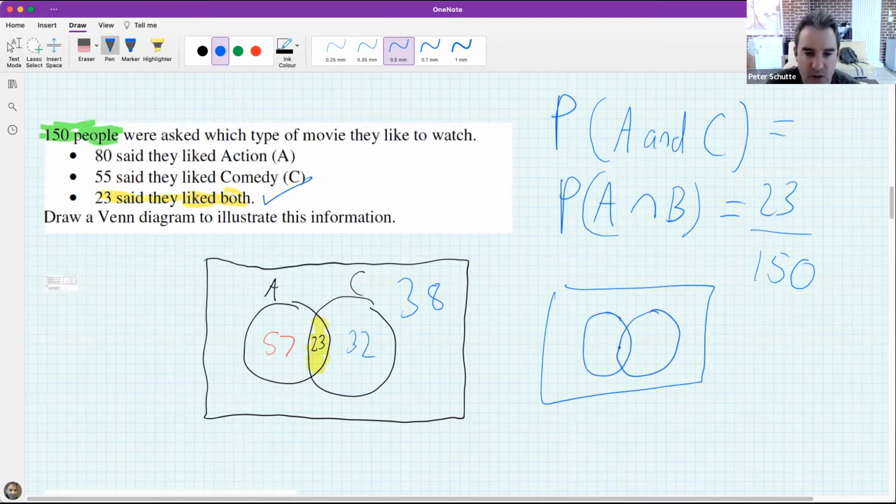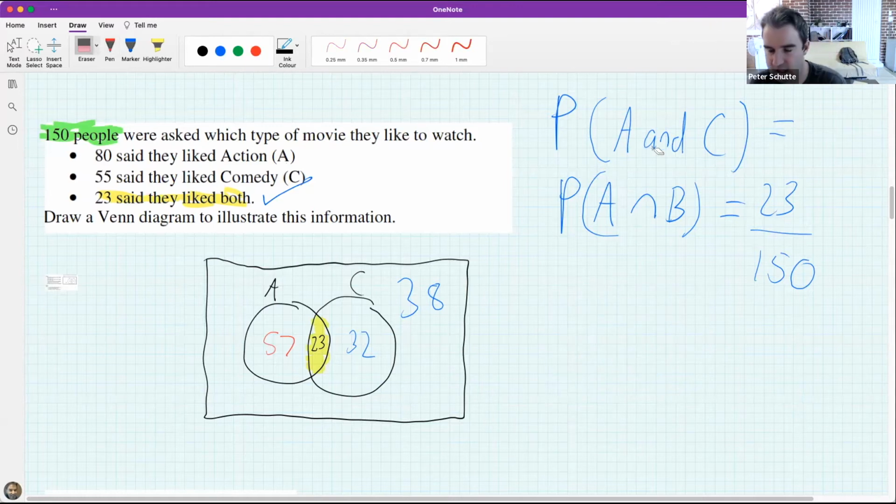I started by saying whatever that number is, I put that in the middle, 23. And then I said, well, I know that for example, action has 80 people in total. And so I just went 80 minus 23 in order to find out that this was 57. So I basically work from the inside out.